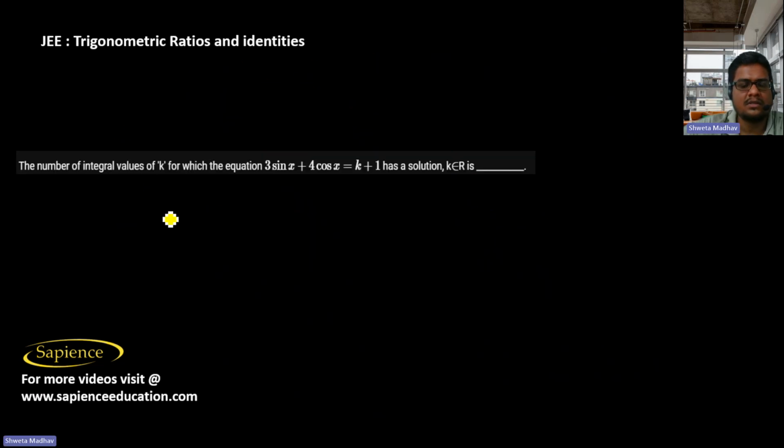Then here it is told: the number of integral values of k for which the equation 3 sin x plus 4 cos x equal to k plus 1 has a solution is.